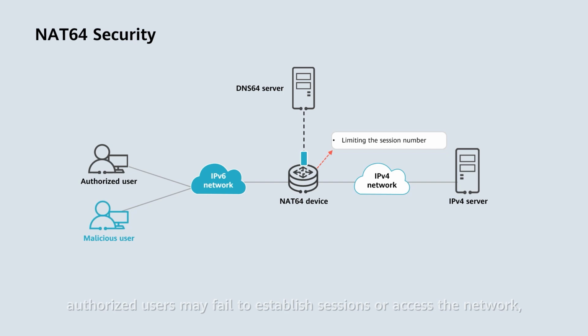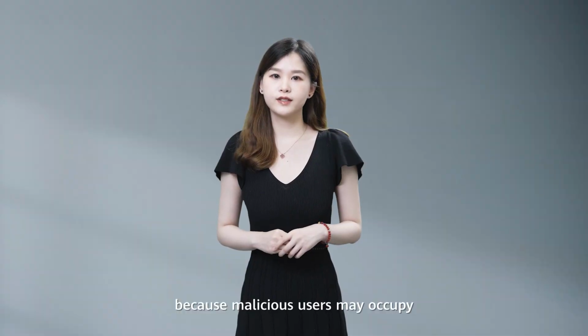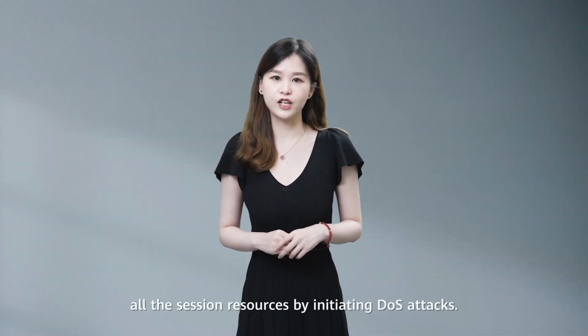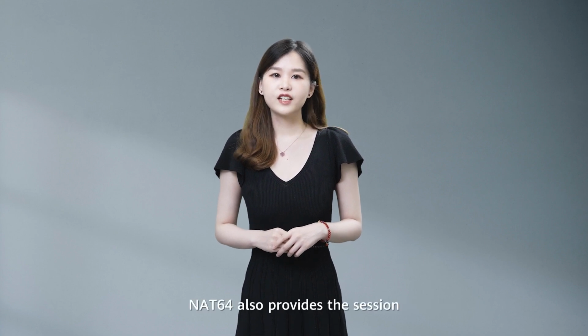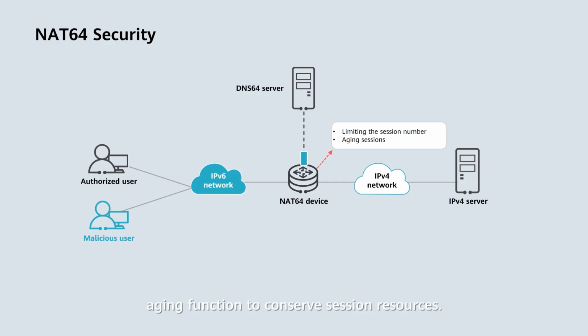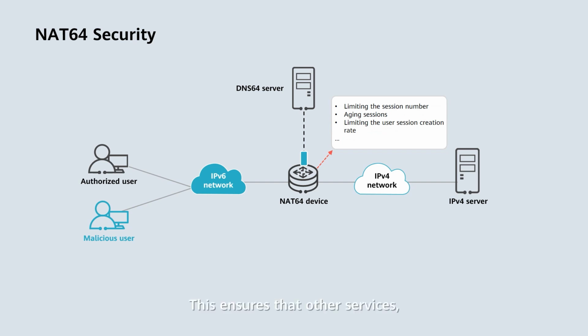Without this function, authorized users may fail to establish sessions or access the network, because malicious users may occupy all the session resources by initiating DOS attacks. NAT64 also provides the session aging function to conserve session resources. In addition, it can limit the rate at which user sessions are created. This ensures that other services as well as NAT64 can obtain forwarding resources.